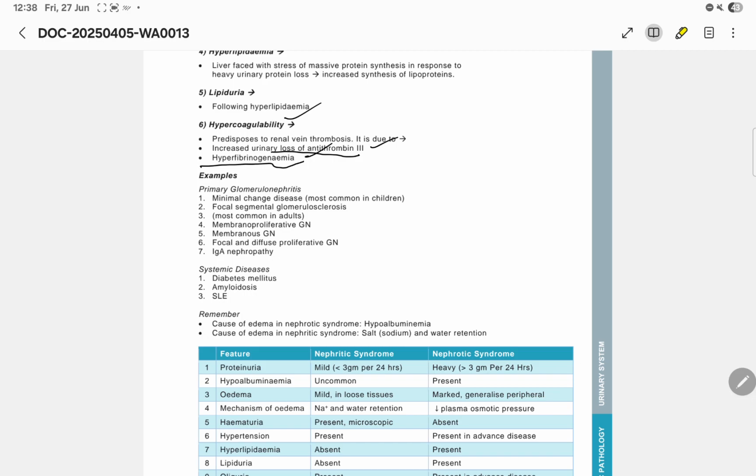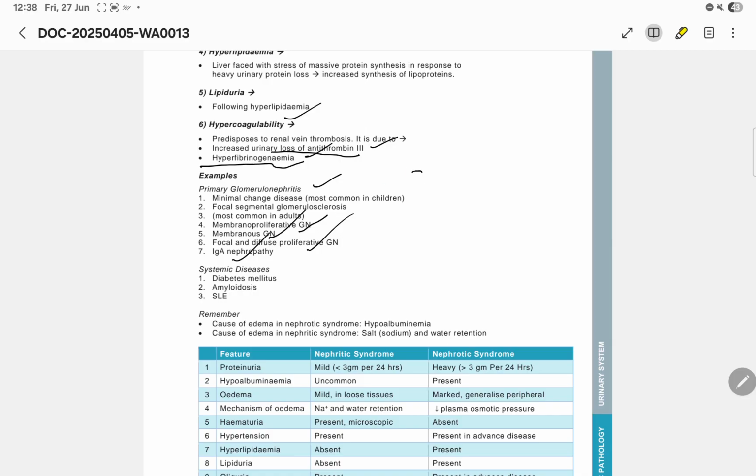Okay, let us see the examples, where we can see it. It is seen in primary glomerulonephritic conditions, such as membranous glomerulonephritis, focal and diffuse proliferative glomerulonephritis and IgA nephropathy.